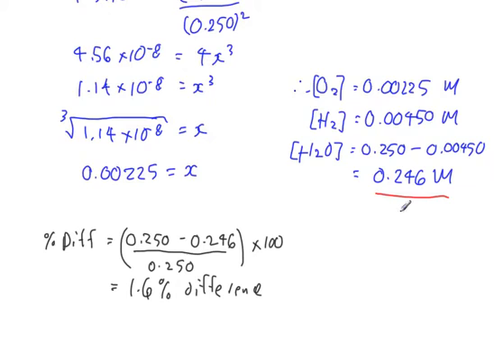Well, it's actually 0.246, but that's such a small difference that it's certainly within the realm of experimental error. And so that makes the assumption valid. As I mentioned, that assumption really simplifies the problem. It saves you having to solve a cubic equation, and when you make that assumption in other situations, it'll save you having to use a quadratic equation.